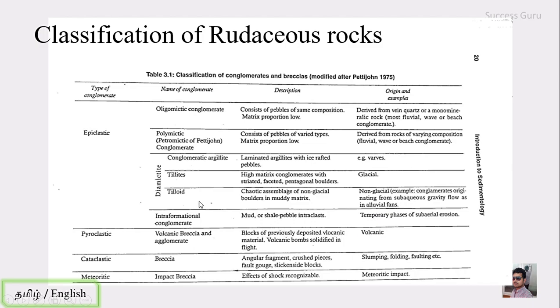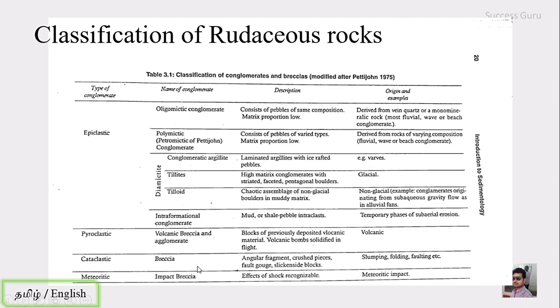And as you know, intraformational conglomerates are formed within a basin, with composition of say mud, shaly pebbles, and intraclasts, formed due to a temporary phase of subaerial erosion. Pyroclastic is a volcanic breccia, also called agglomerate, where blocks of previously deposited volcanic material have been blasted out due to a volcanic eruption, and the origin is volcanic.